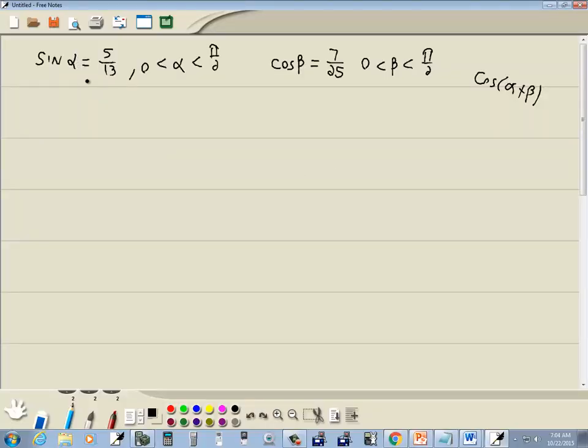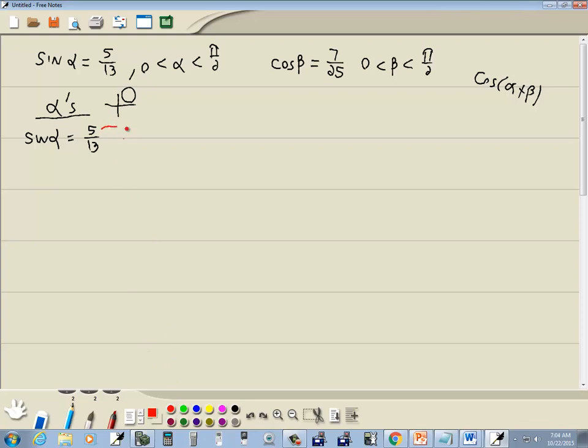So for the alphas here, they give us sine, and between 0 and pi over 2 is first quadrant where everything's positive. So I know this is positive 5 over positive 13. If it was down in quadrant 3, I'd have negative 5 over negative 13. Even though this originally is a positive, you have to take into account the signs.